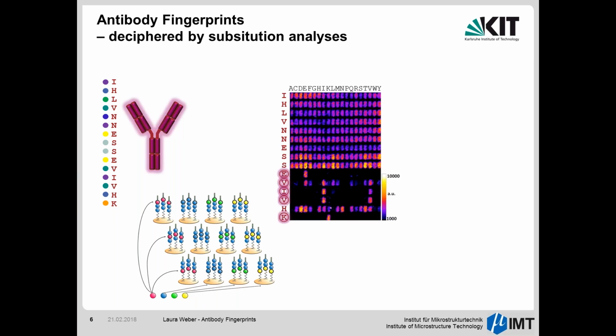The scan of a complete substitution analysis can be seen here. This is an example from the tetanus study. Vertically, the original amino acid sequence is shown. Horizontally, we see the amino acids that were substituted in the respective position. The first rows show that the signal, so the binding of the antibody to the peptide, does not get lost by the substitution, which means the positions are not binding relevant.